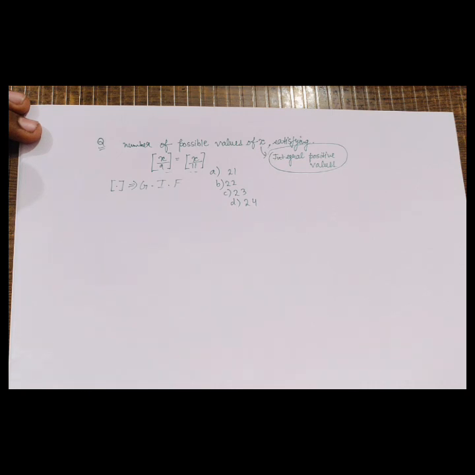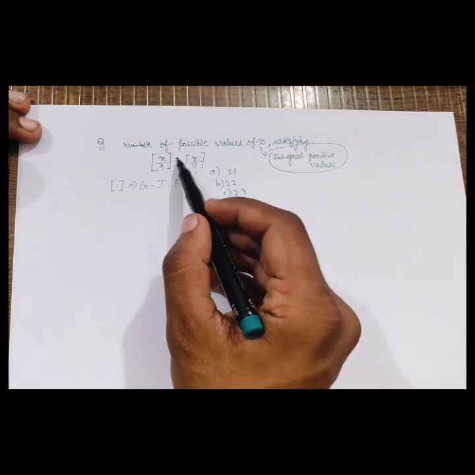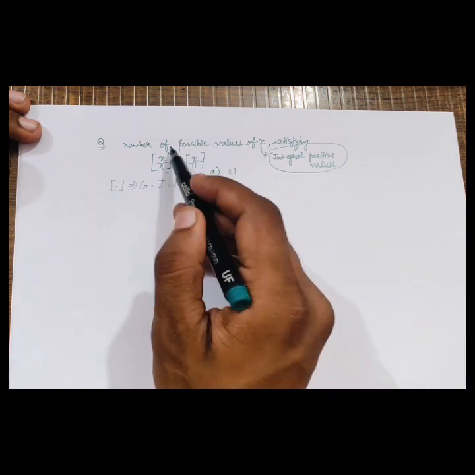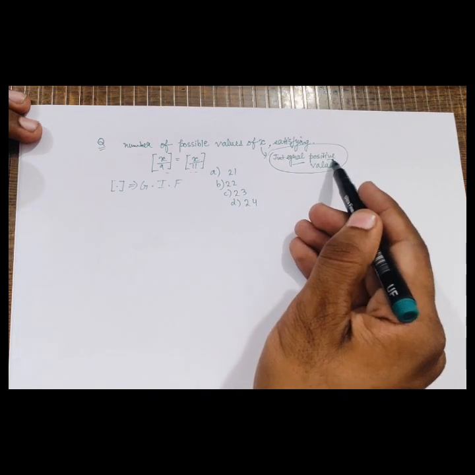For example, box of 1.7 will give me the integral value of 1.7, which is 1, and for 2.7 it is 2, and so on. We all know the basics about it, those who are serious aspirants.